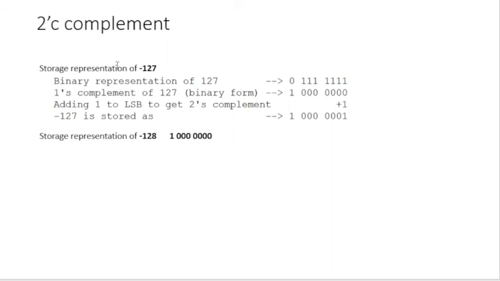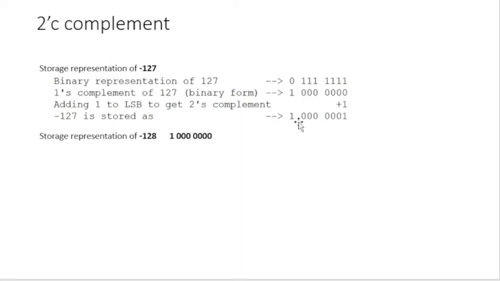Look at the storage representation of minus 127. The binary representation of positive 127 is this. Then I take the 1's complement, then I add 1 to its least significant bit. I get the 2's complement of 127, that is the storage representation of minus 127.